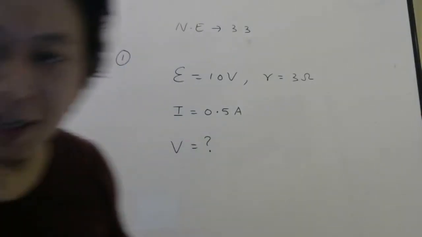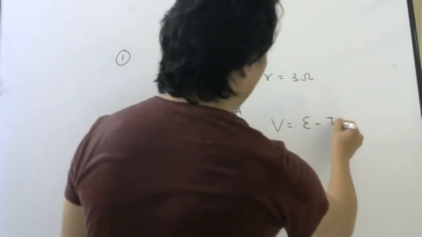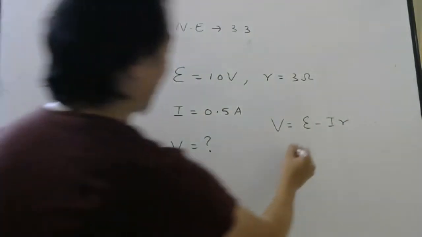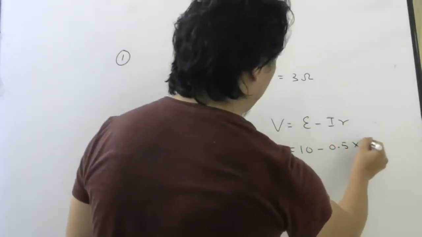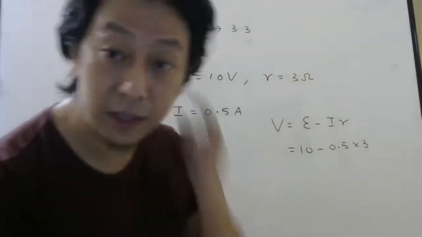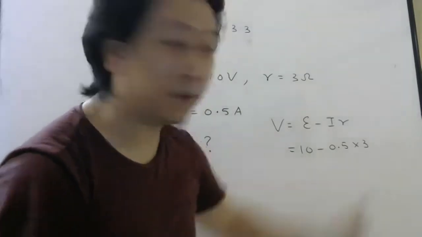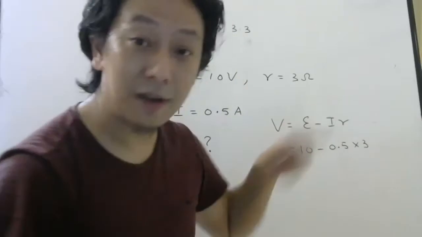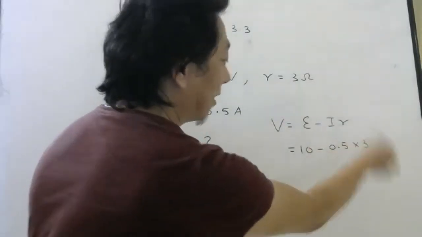Very difficult question, huh? Very advanced question. What is the formula for terminal voltage? E minus IR. So 10 minus 0.5 into 3. There are some great people whom I know actually. They write this as 9.5 into 3, because they first subtract then multiply.